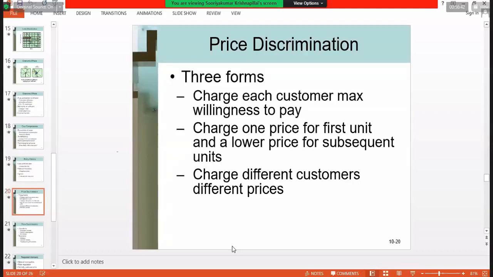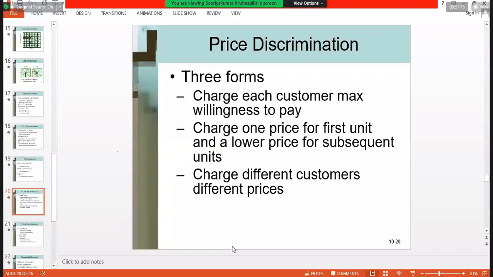First, they can sell to each customer at a different price. Some monopolies can charge each customer their maximum willingness to pay. Then there is no consumer surplus. They sell each unit or each customer at their maximum willingness to pay.